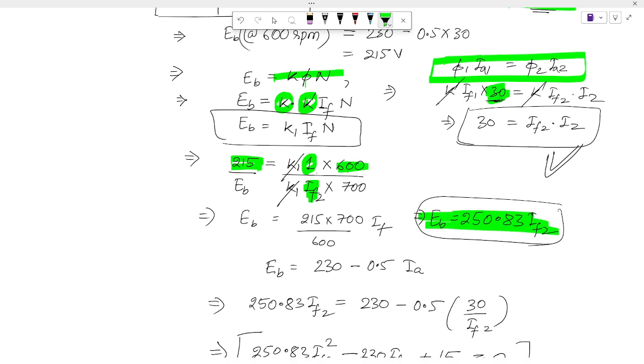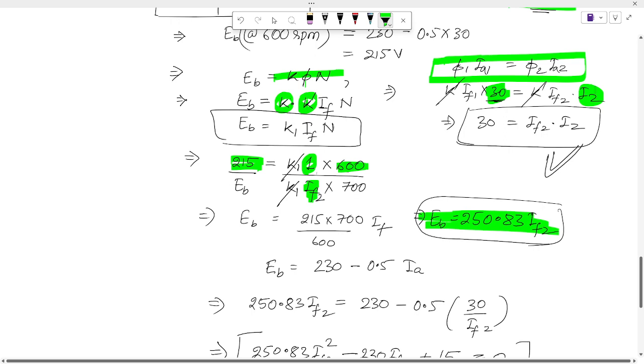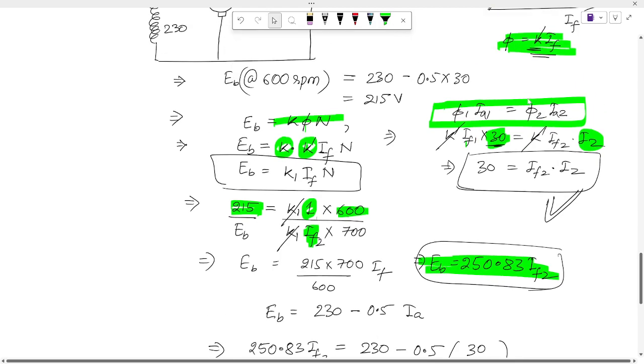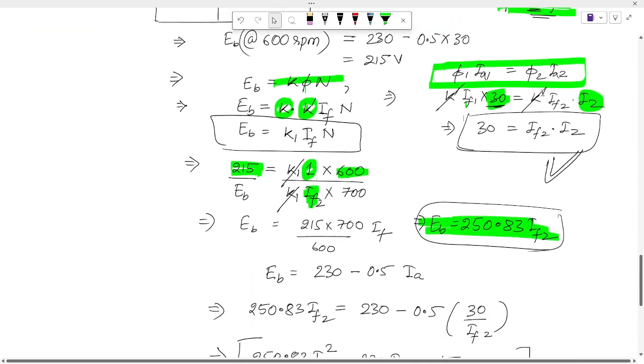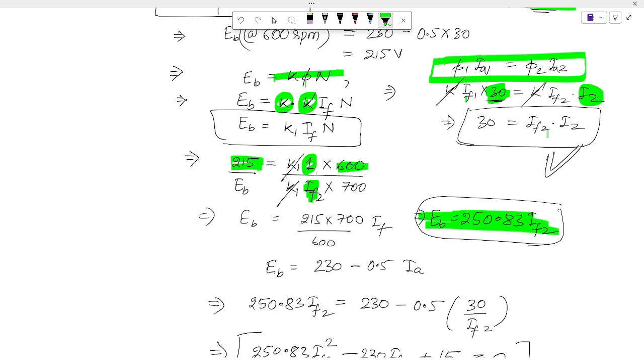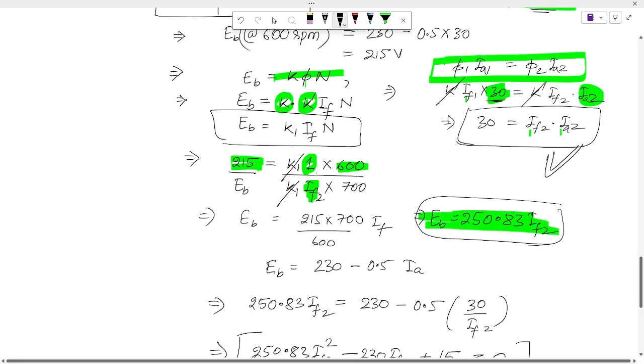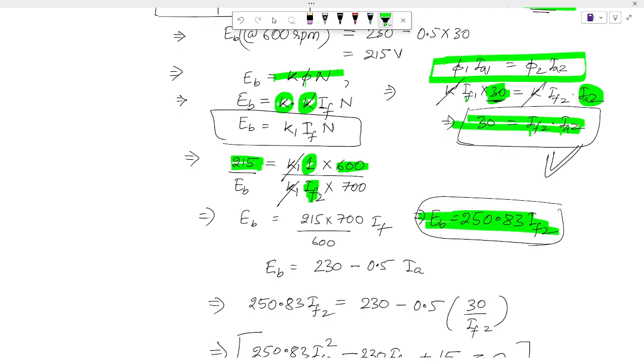Ia2, we still don't know what the armature current will be. IF1 you know is 1 ampere, 230 divided by 230. So I found the relation between IF2 and Ia2, that is equal to 30.